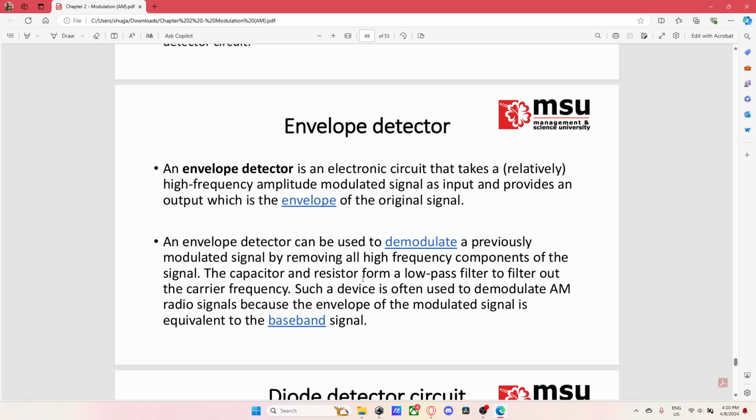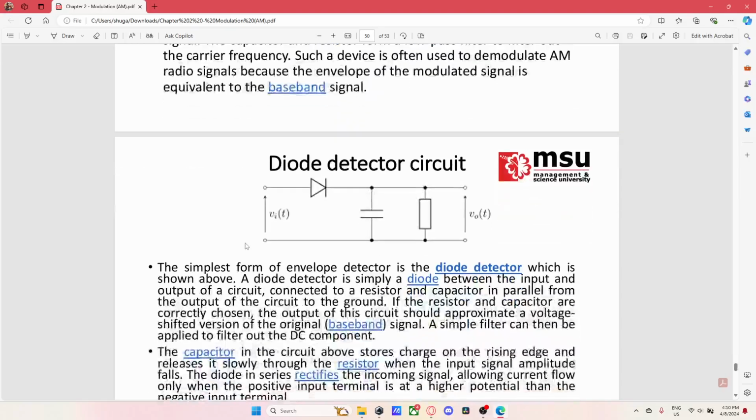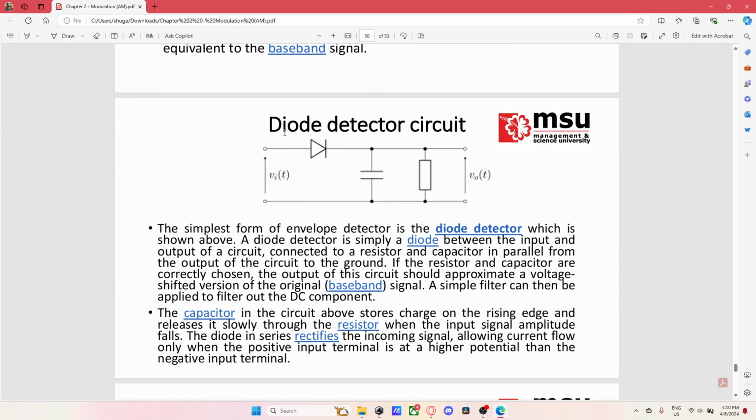The capacitor and resistor form a low-pass filter to filter out the carrier frequency. It is used to demodulate AM radio signals because the envelope of the modulated signal is equivalent to the baseband signal. This is how the diode detector circuit looks.